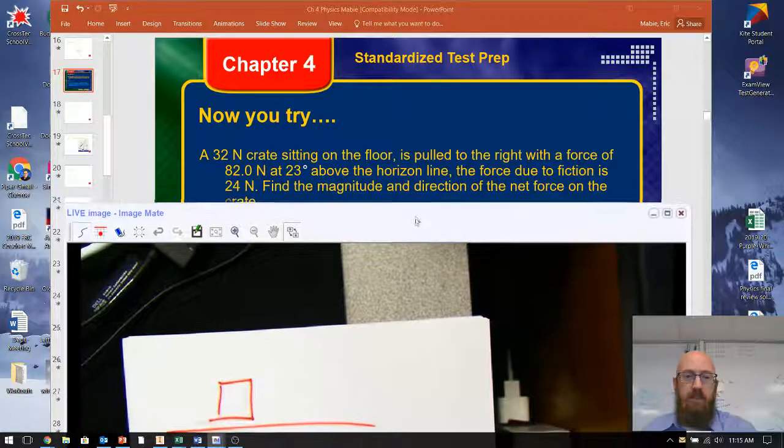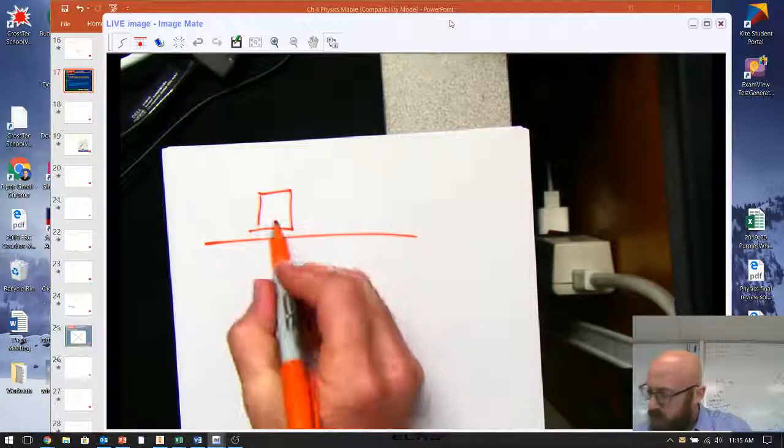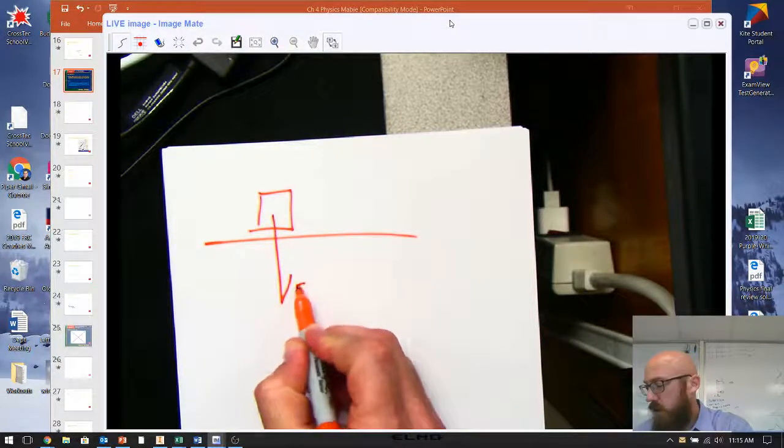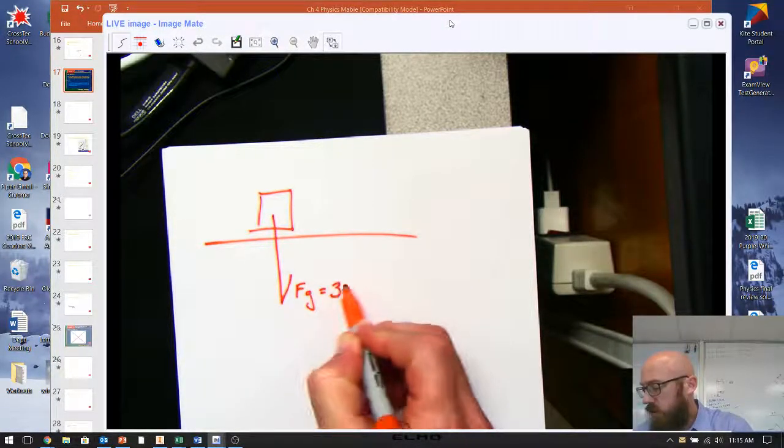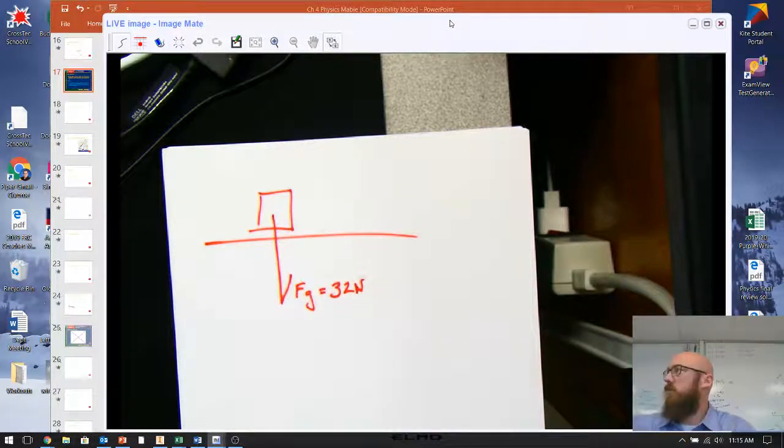In this case, it's a 32 Newton crate. F of G, 32 newtons. The crate gives us a little bit more information.